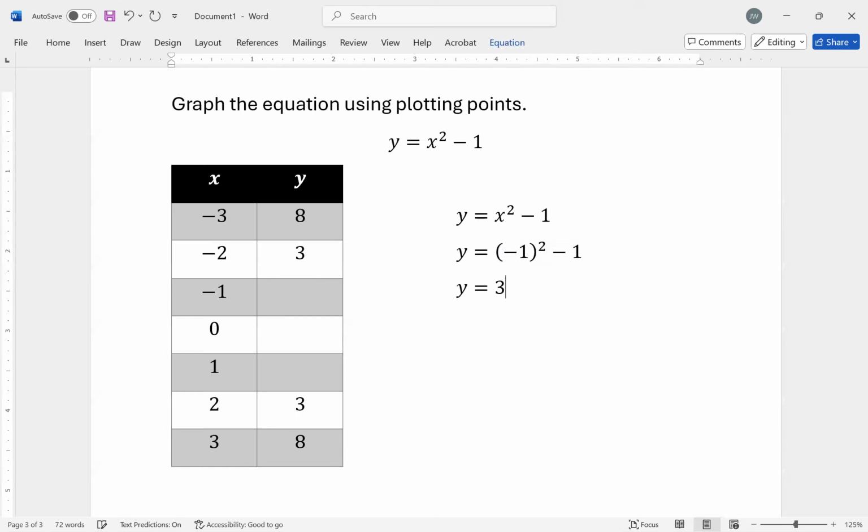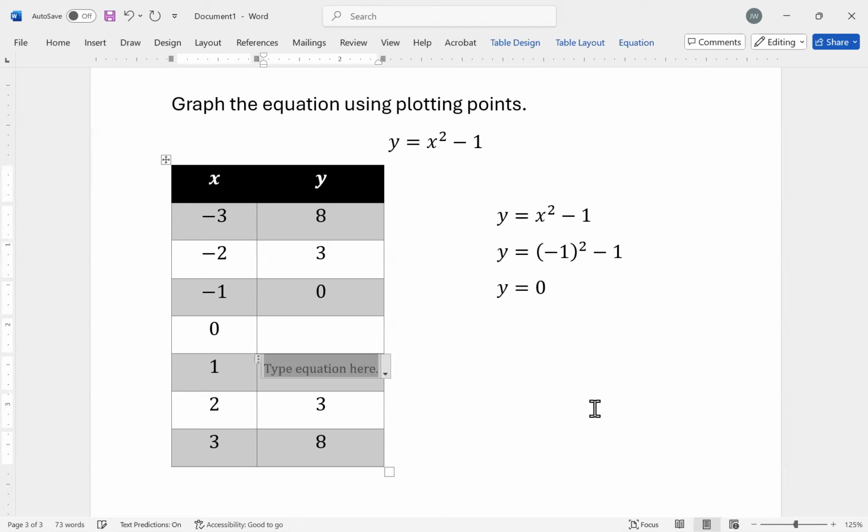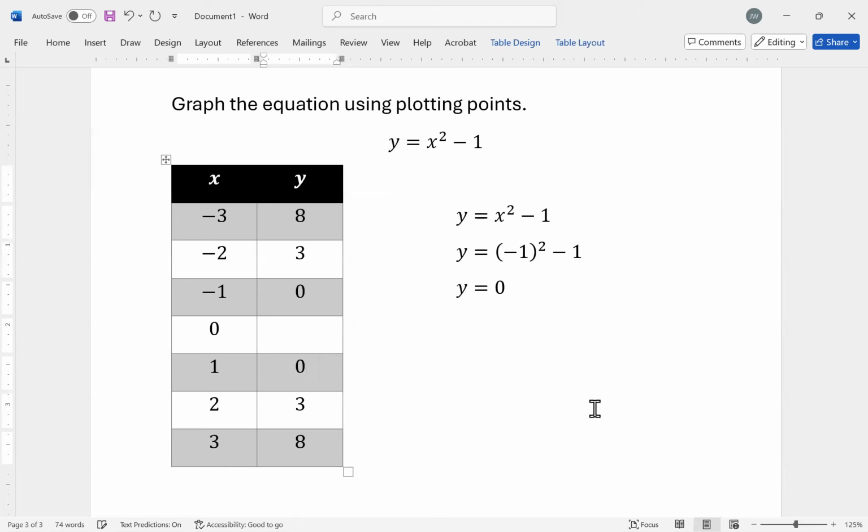If I would have plugged in a negative 1, squared is positive 1, minus 1 gives me 0. That would have been the same as if I would have plugged in a positive 1 as well. So my y value is 0 when the x value is negative 1, and my y value is 0 when the x value is a positive 1.